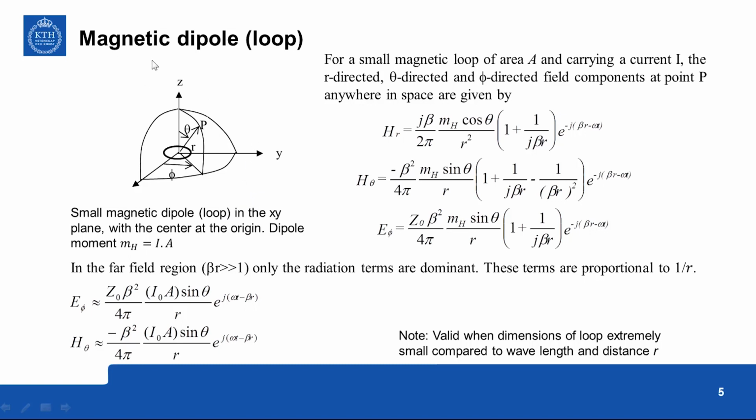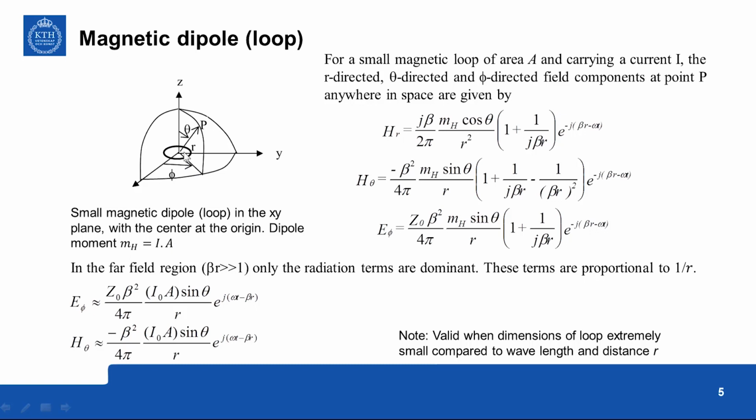Now consider the case of the magnetic loop. So here again from the symmetry, there is a loop here in the xy plane. Again a spherical coordinate system is defined, and this has a dipole moment I times a, where a is the area of the loop.